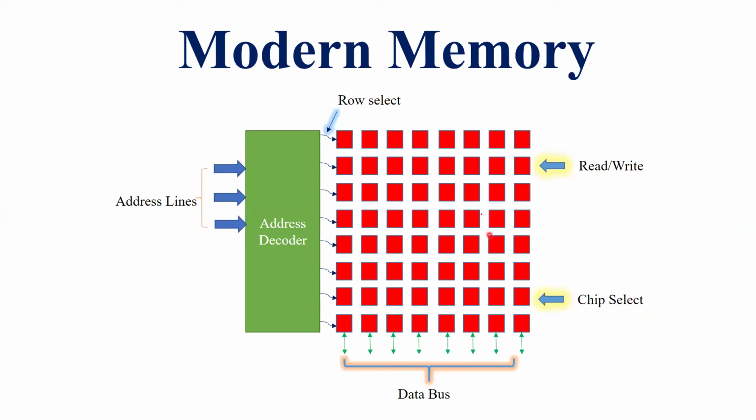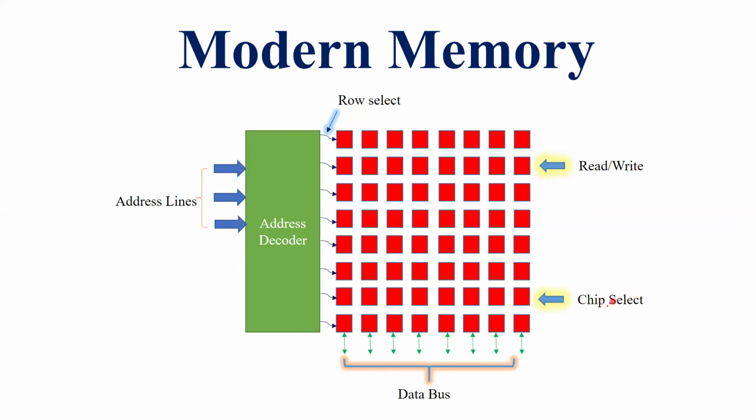This is the architectural representation of a modern memory, where you have address decoder logic, which is used to decode the address lines. If there are n address lines, for example 3 here, then 2 to the power 3 gives a total of 8 output lines of this decoder, which are used to select one particular location in the memory at a time, through which you can read or write data to and from the memory, provided you enable the memory by first activating this chip select signal.